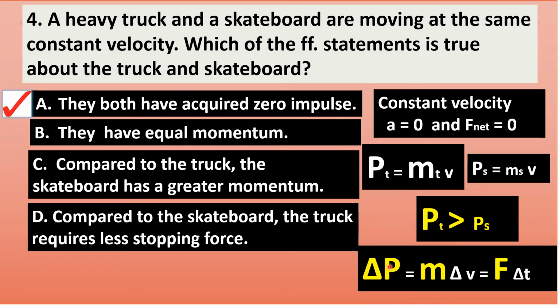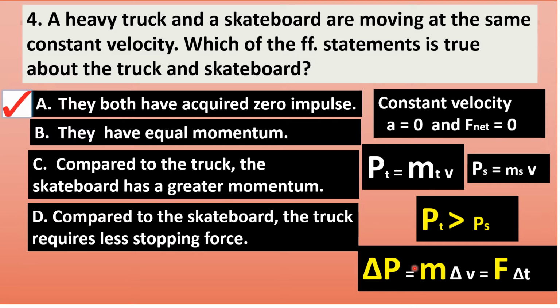to stop a body with bigger mass, with constant change in velocity and constant time of interaction. A bigger force is required for a bigger mass to stop, or for that bigger mass to undergo a change in momentum.